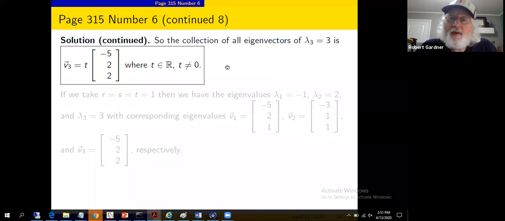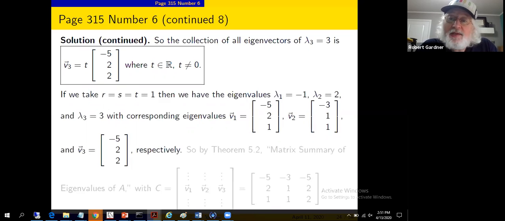So then we found all eigenvalues. They were distinct. We found all eigenvectors. Now let's go through and pick particular eigenvectors as commented. Let R, S, and T, the three free variables that we introduced, all be 1, and pick the corresponding eigenvectors.